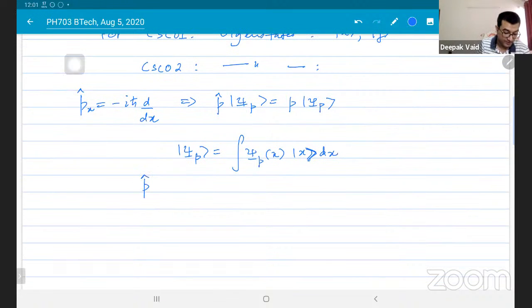You get the integral of p hat acting on psi of p x, ket x, dx, is equal to the number p, the eigenvalue p, times the integral of psi of p x, ket x, dx.